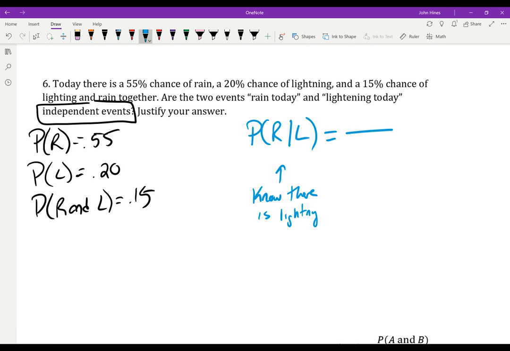Well, we know there's lightning happening, so that's your denominator. 20% goes in the denominator. What goes up top? Well, we know there's lightning, so I can't use this 55%.